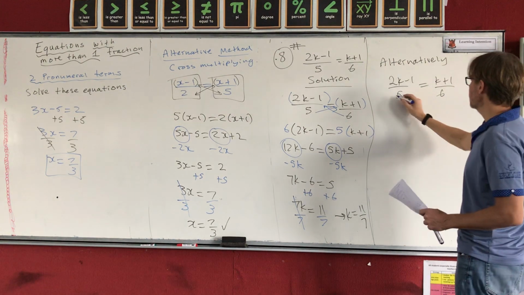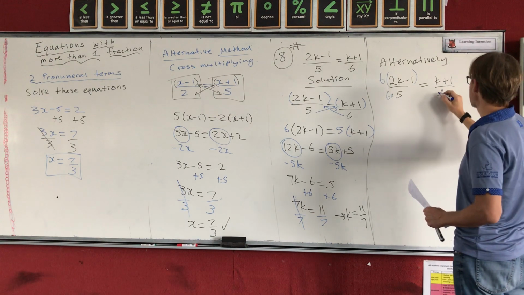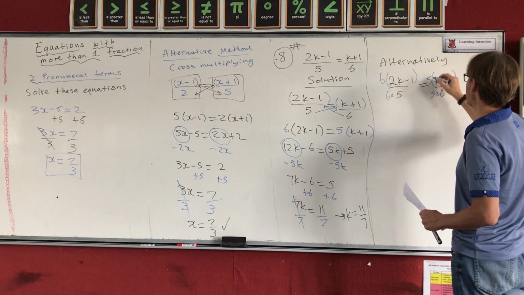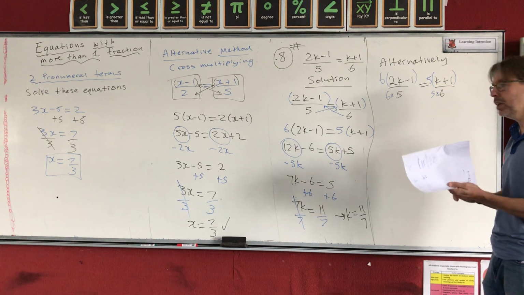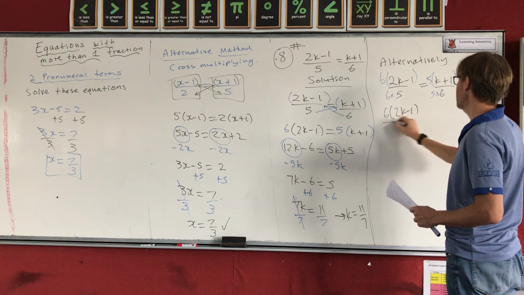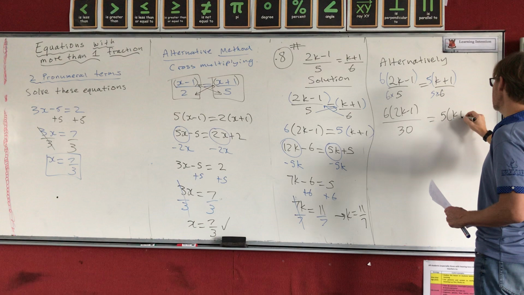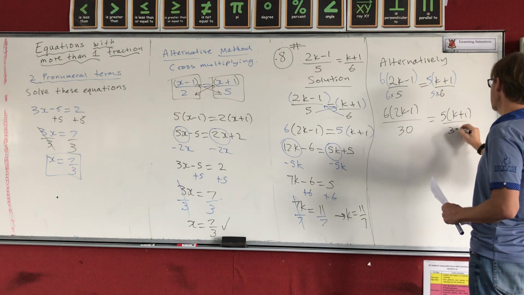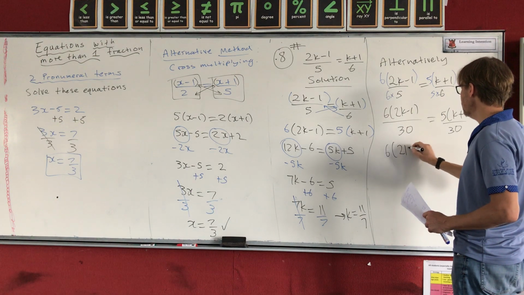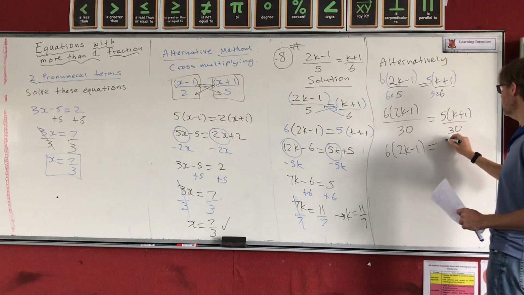Alternatively, times by 6, times by 6, times by 5, times by 5. Alright, so that gives me 6 brackets 2k minus 1 over 30 equals 5 brackets k plus 1 over 30. Okay? Then equate the numerators. The denominators are equal, so the numerators must be equal.